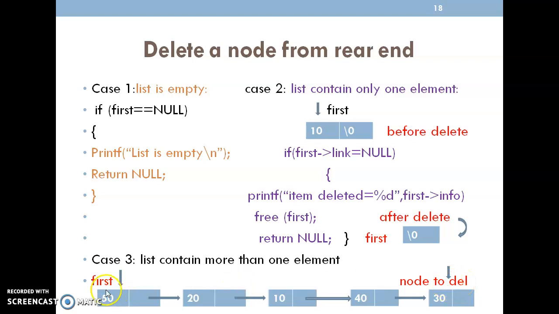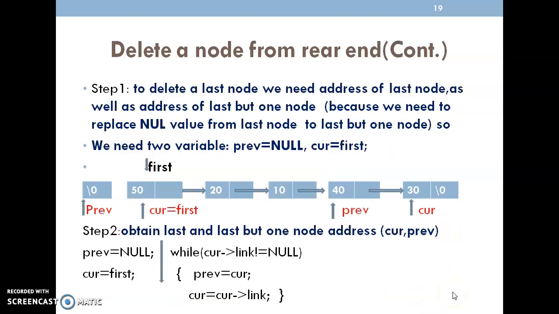By making use of a copy: current equal to first, current equal to current pointer link. Is it equal to null? No. Current equal to current pointer link. Is it equal to null? No. Similarly, it will get null when it reaches the last node. Here I have to mention the null value, like here I mentioned. So at this point we get the last node of the linked list.